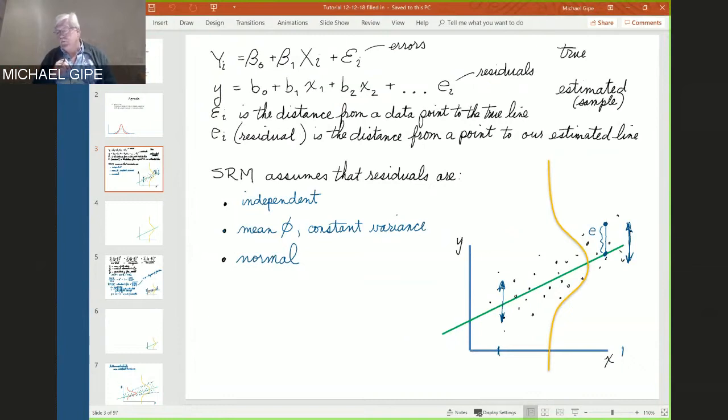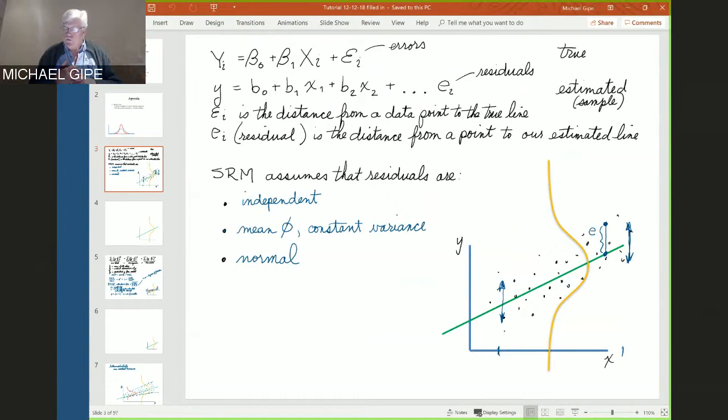You don't have a lot of them to tell you at any point along x what the variance is, but basically you want to make sure that there's no obvious trend or function that varies the distance that these residuals have from the regression line along the line. And we'll see why that's so important for prediction in a minute.